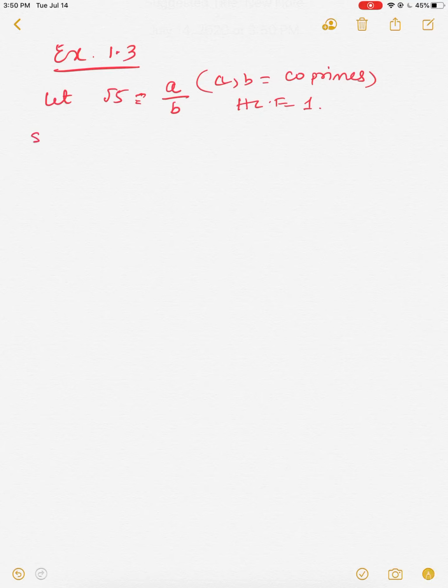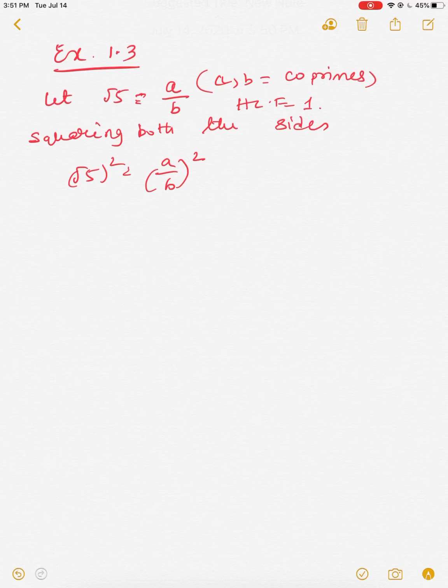Now the next step, we will be squaring both the sides. Root 5 whole square is equal to a upon b whole square. So we can write root 5 square is equal to 5, a square upon b square.